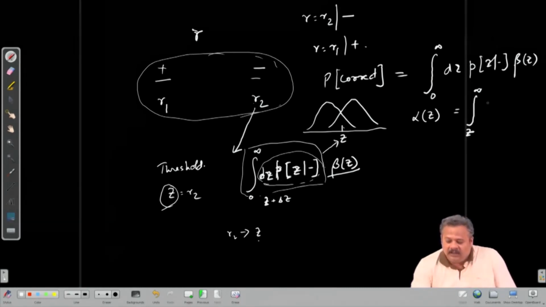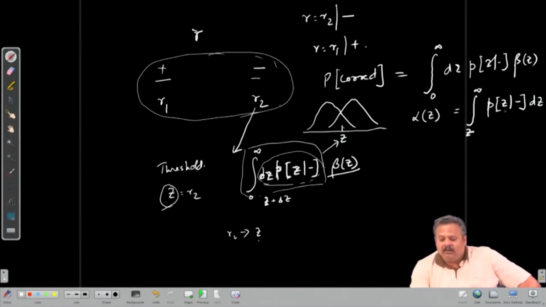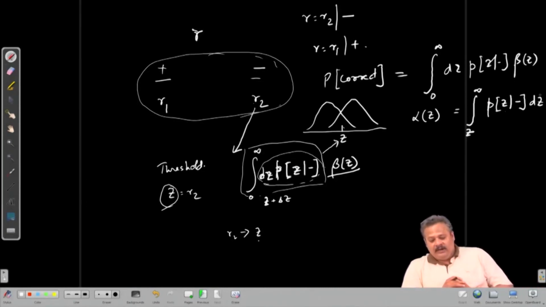If we integrate and say that the probability of z given minus dz. So again, the same way, this is the probability that we are observing our second rate given the minus stimulus is going to be z, or around z plus dz, and the integral of the same thing over z to infinity is that is the z for z larger than this threshold value.